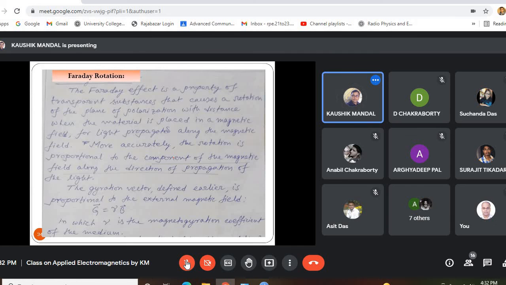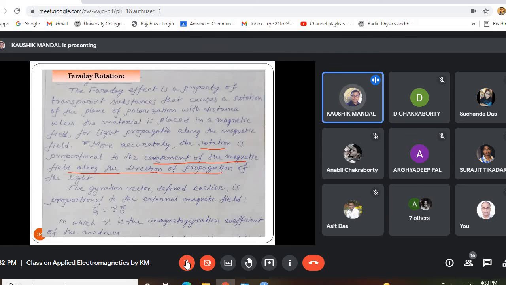The amount of rotation, or the rotatory power, will be proportional to the component of the magnetic field, not in aggregate. For the general case of optical activity, the amount of rotation is proportional to the length of the path of the wave in the material.